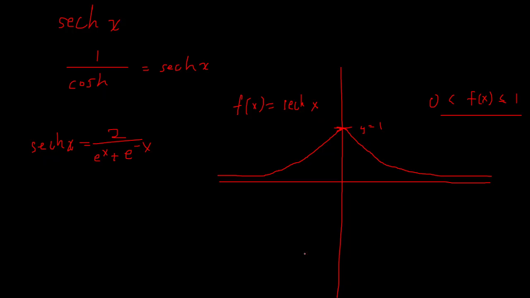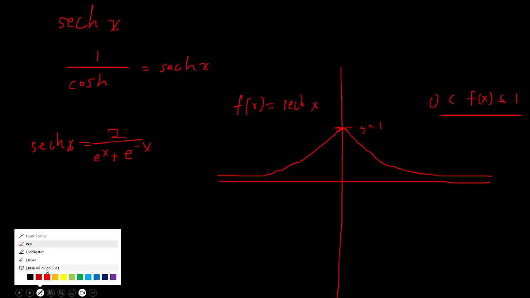So now we have the final hyperbolic function that we need to tackle, and that's none other than cot x. This is just 1 over tan, which is the same as cos over sine.